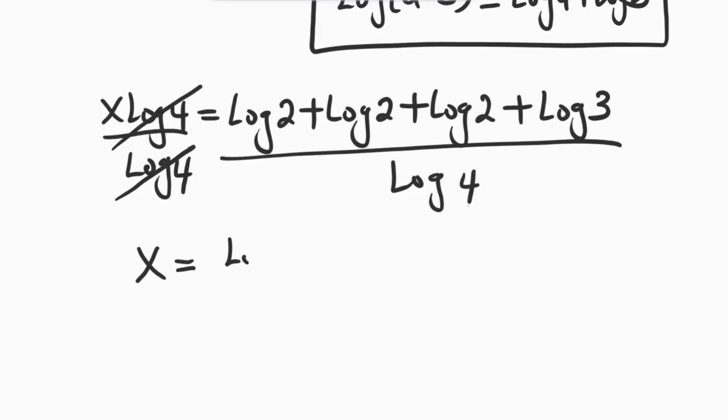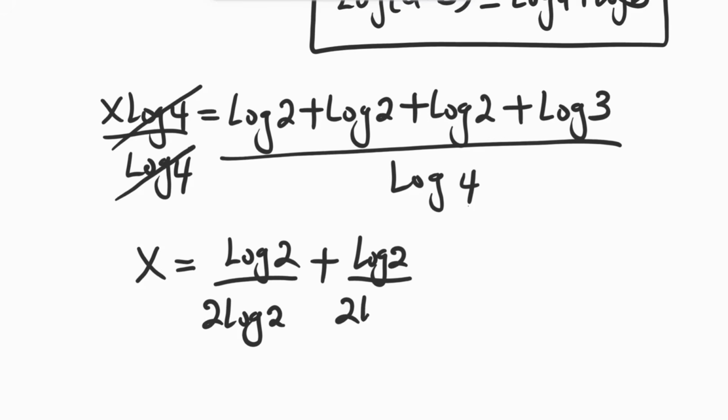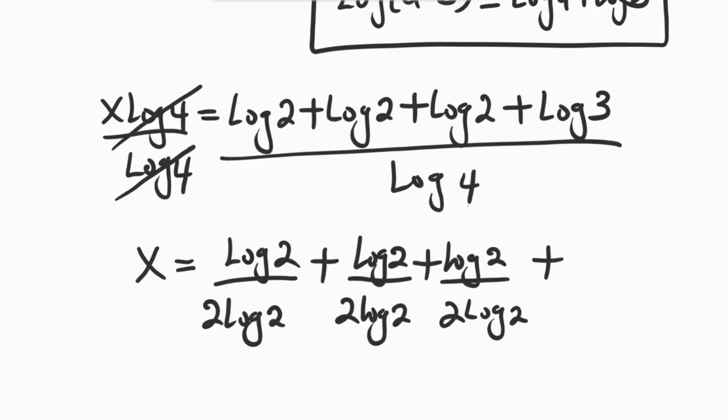Now what we have is log of 2, and we're going to write them as standalone fractions: log 2 divided by 2 log 2, plus log 2 divided by 2 log 2, plus log 2 divided by 2 log 2, plus log 3 divided by 2 log 2.